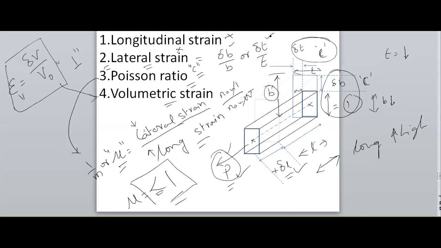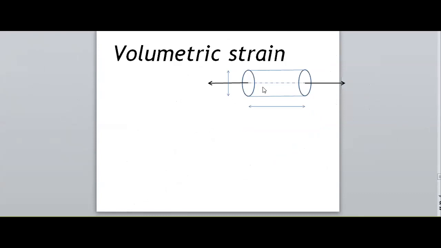Next derivation: I need to find the volumetric strain for a cylindrical component for a uniaxial load, that is, the load is applied only along the axis, and the diameter of the component is a known value.